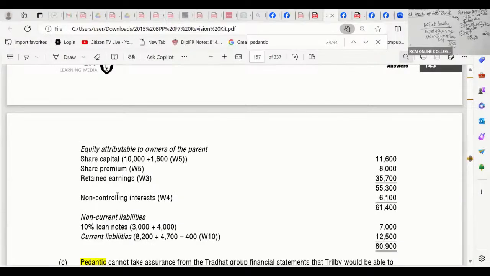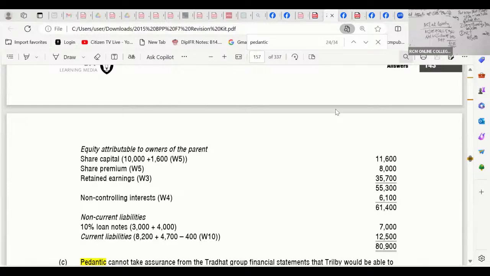All right, so we have here non-controlling interest. You can see non-controlling interest is right under equity, where we have the share premium, share capital, retained earnings. Amongst those, you put just NCI there, 6,100.